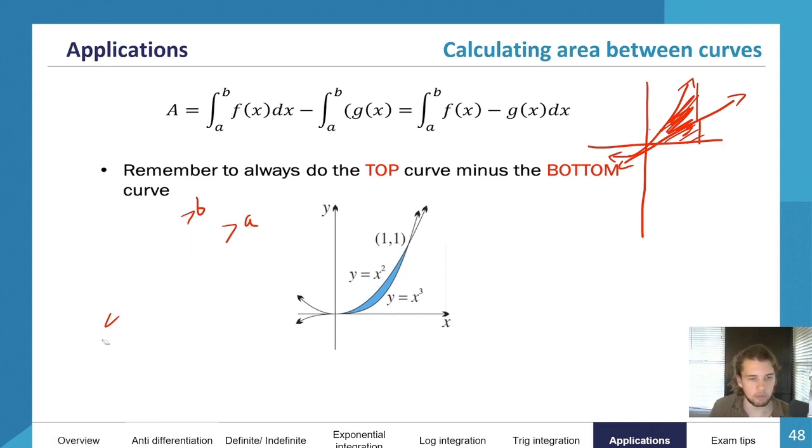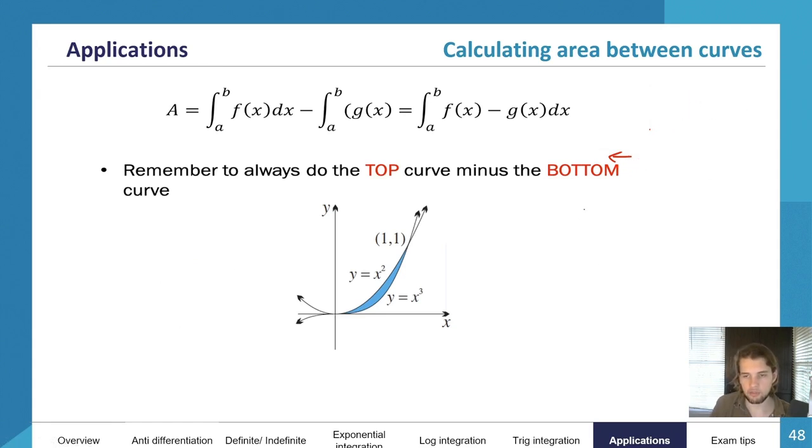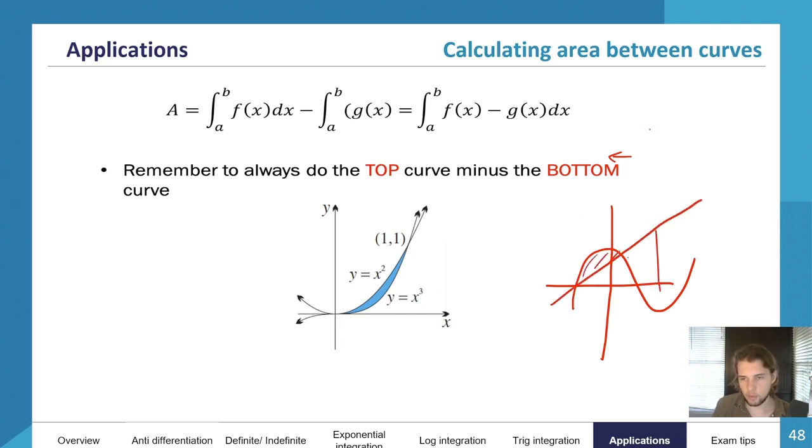It can get a lot more complicated because, for example, you have this line here, and you want to get the area between here and between there as well, and then down there as well.